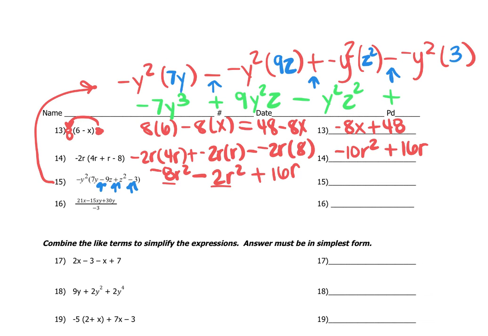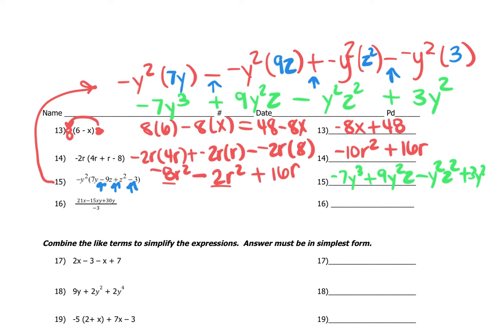And then we'll make another plus there, and it'll be 3y squared. Now we cannot put any of those terms together because none of the variables are exactly the same. So our answer would just be, as you see up there, negative 7y to the third plus 9y squared z minus y squared z squared plus 3y squared.